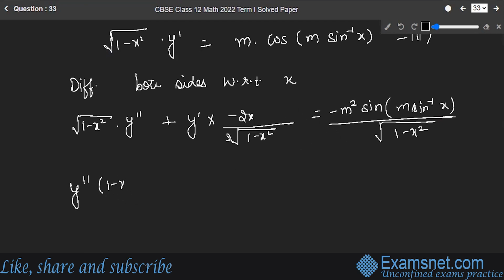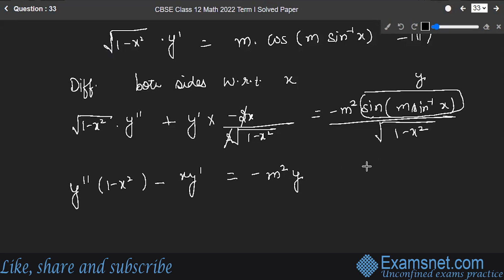So you can write y double dash, and let's do the cross multiplication. You will have 1 minus x square into y double dash minus x y dash, because these two things will cancel and 2 and 2 will cancel, is equal to minus m square. See, this was equal to y, right? Remember this thing. This was equal to your y. So this can be written as minus m square into y from 1.